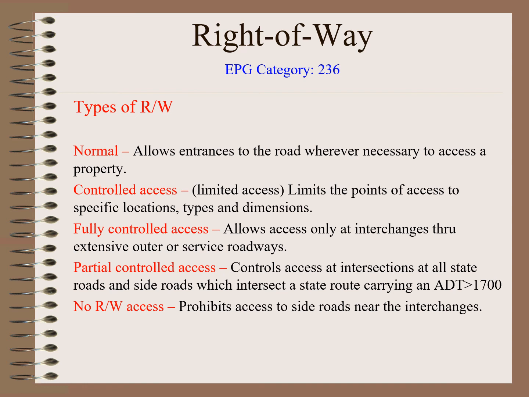Partial controlled access controls access at intersections at all state roads and side roads which intersect a state route carrying an ADT over 1700. You will find this type of access on the major highways. No right-of-way access basically prohibits access to side roads near the interchanges.